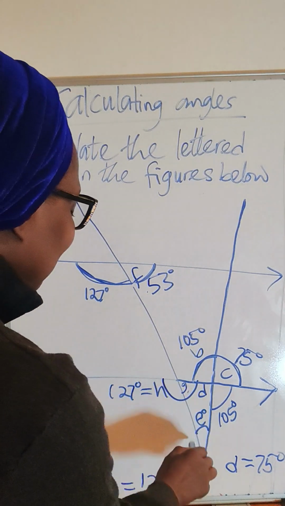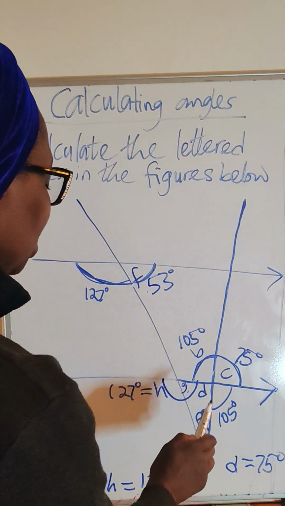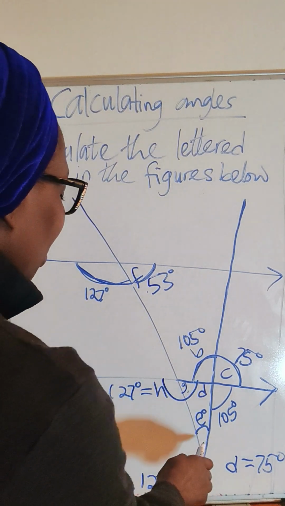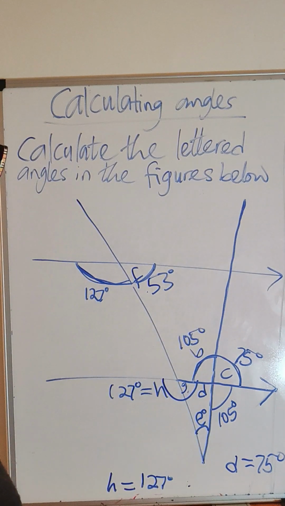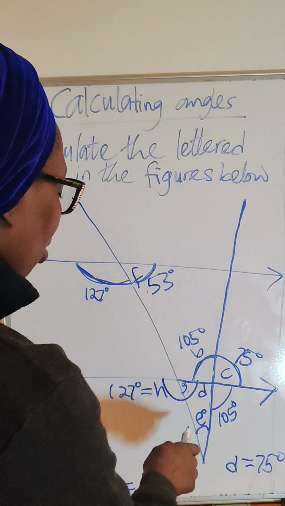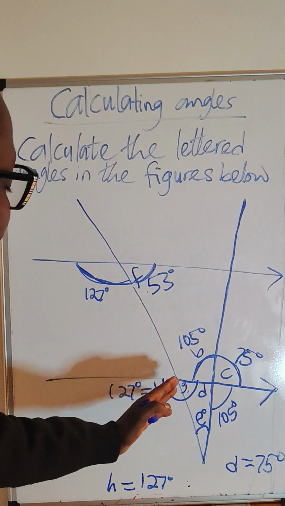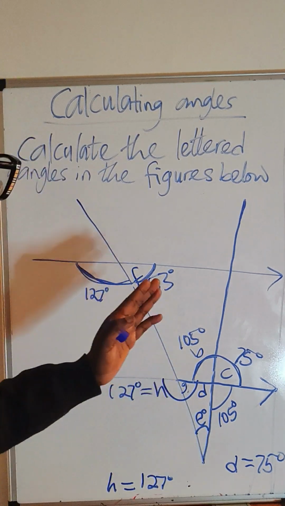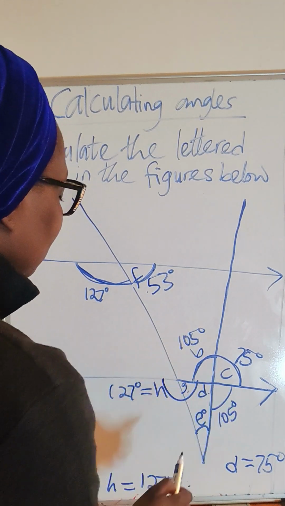If we look at this triangle, I want to name it as triangle EDG. So in this triangle, the sum of angles in a triangle is 180 degrees. We know what D is.